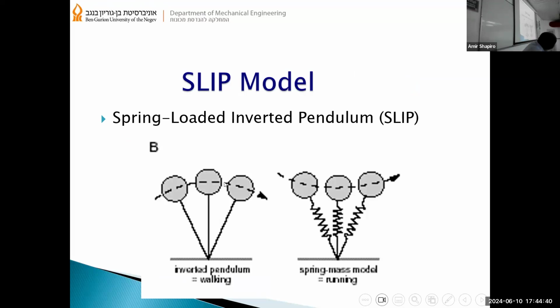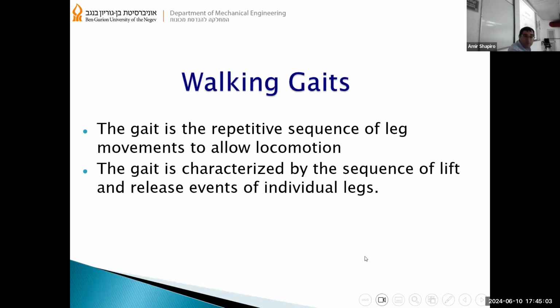This is the center of mass of the body, this is the leg, and this is the contact point. And when we walk and swing on one leg, this is the kind of motion that the body is doing in order to move forward. So this is a dynamic model of walking.